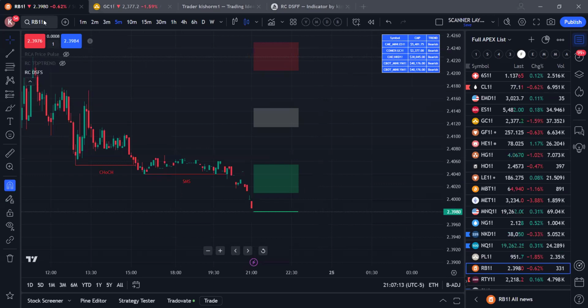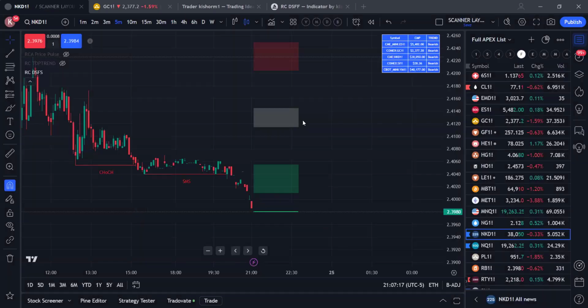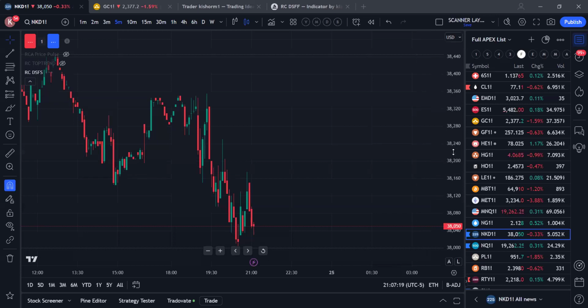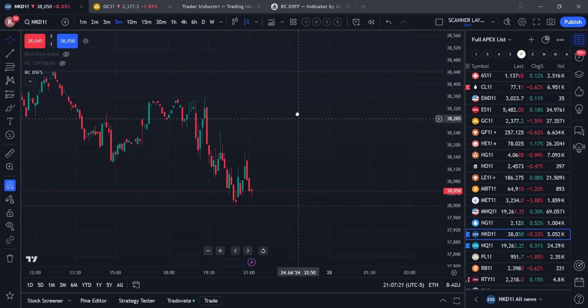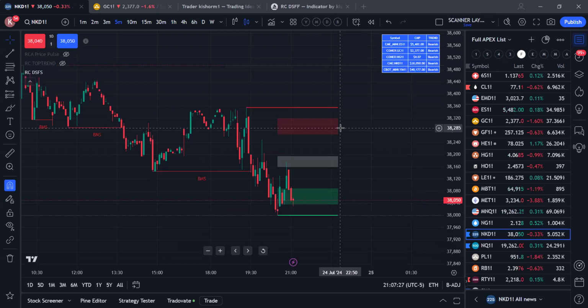Okay, let us look at NKD. If it is neither in the green nor orange, that means it is... okay. You can see NKD bearish, right? Overall trend is bearish for NKD and it is at the bottom.